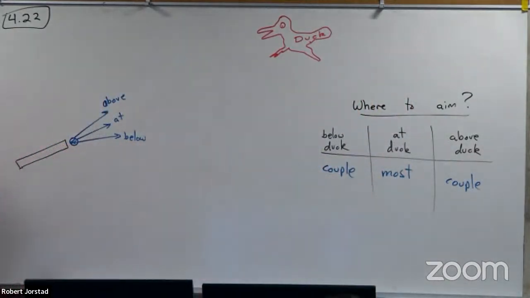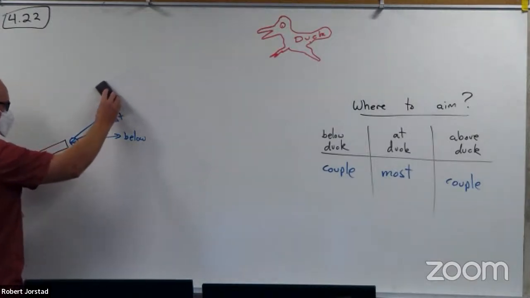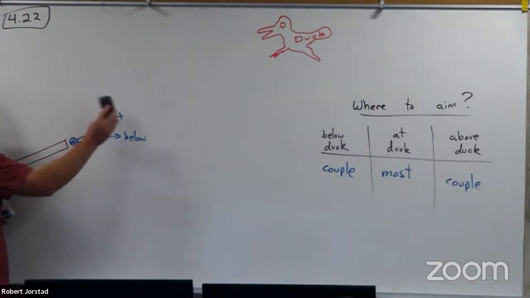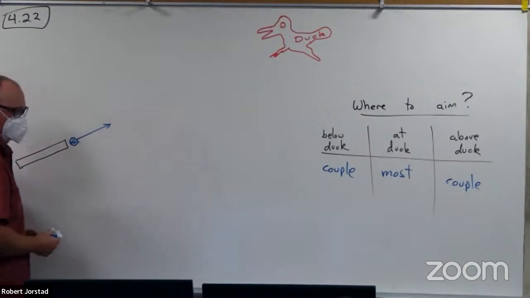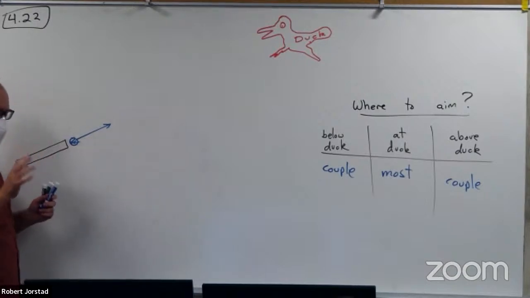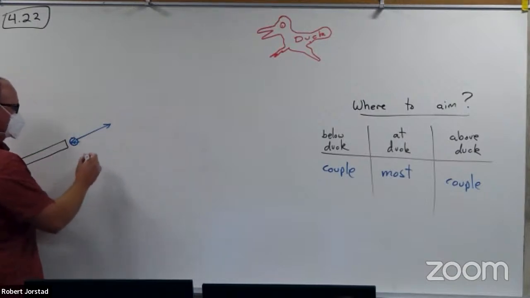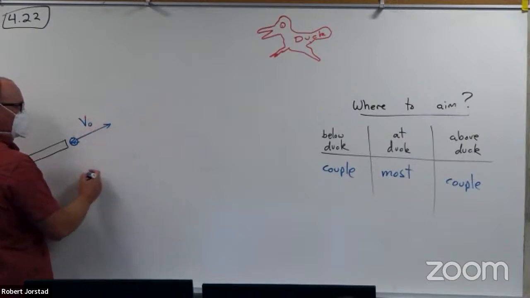Do you agree? There's not some obvious answer right away. My claim is we should actually aim at the duck. Now, when we do this, here's how I want you to think about this. Let's first imagine a world with no gravity.